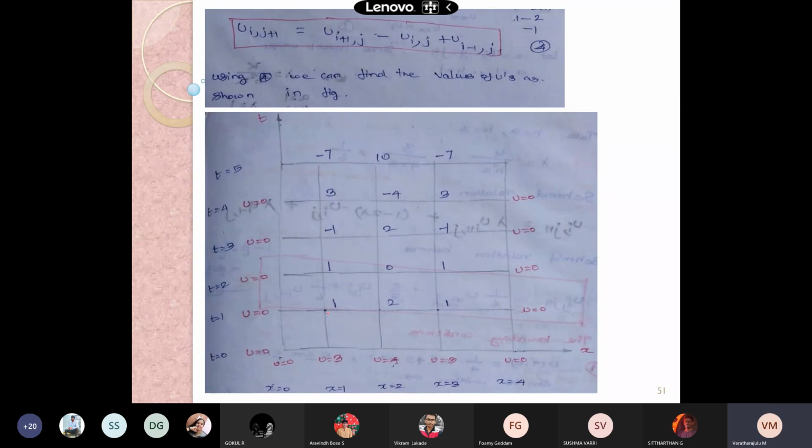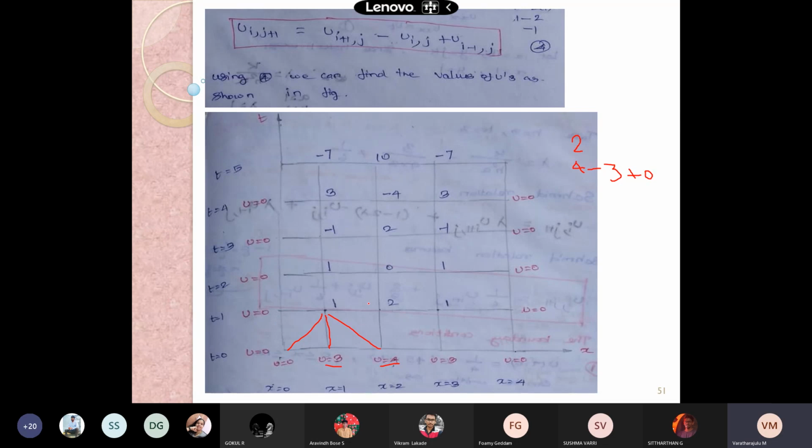This is the first term minus the second term plus this term. So 4 minus 3 plus 0.